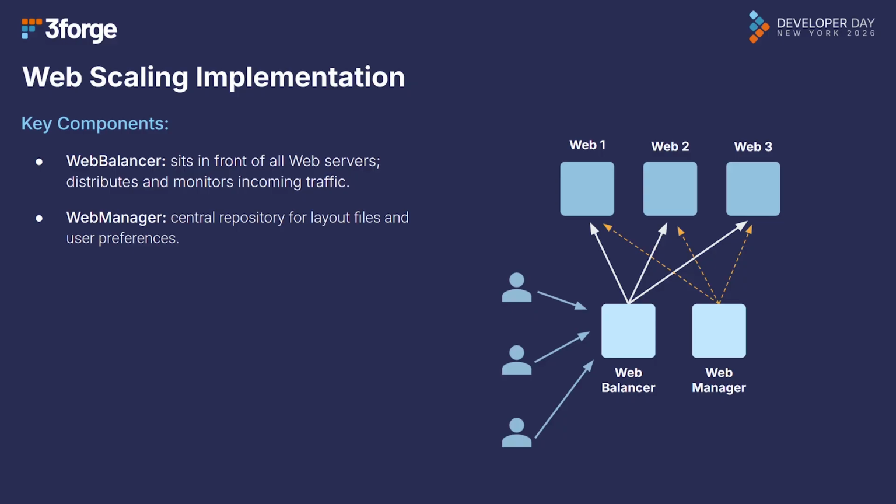Now, the key benefit here is that whenever a web server goes down, the incoming requests will automatically skip that unhealthy web server, and you're not losing out on your layout file and configuration because the web manager acts as a separate box and serves that centrally to different web servers.